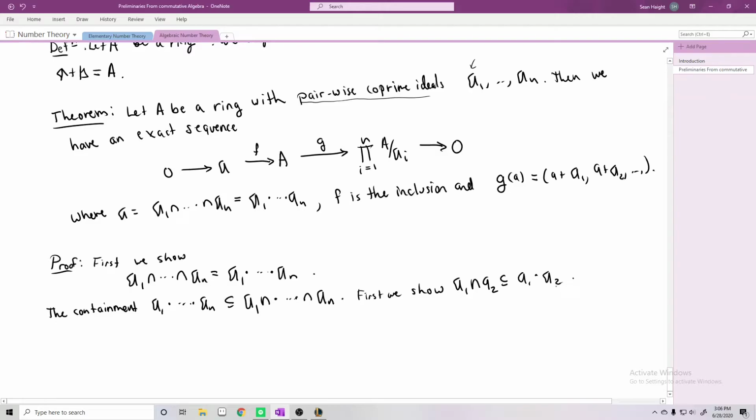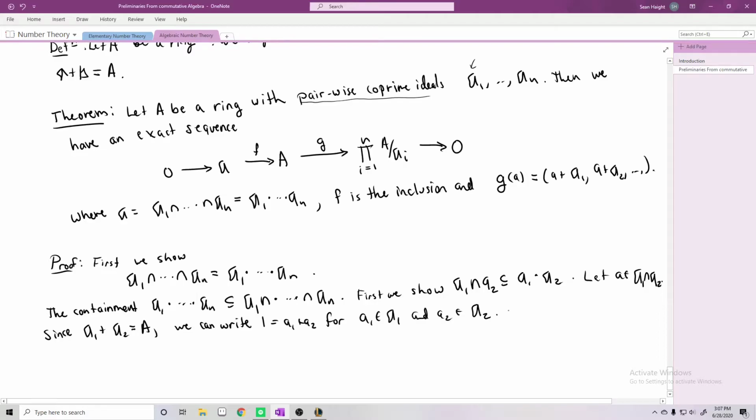So I'm going to start with a in the intersection. Since these two ideals are coprime, since A1 plus A2 equals the entire ring A, we can write 1 equals a1 plus a2, for little a1 in my ideal A1 and little a2 in my ideal A2.